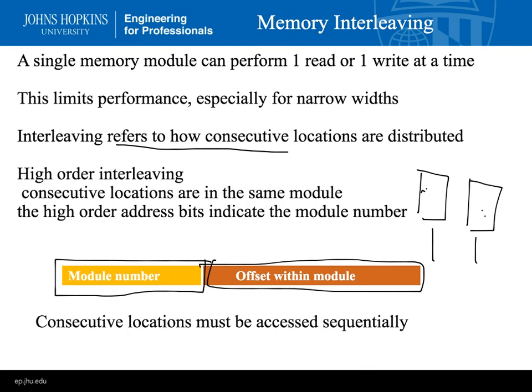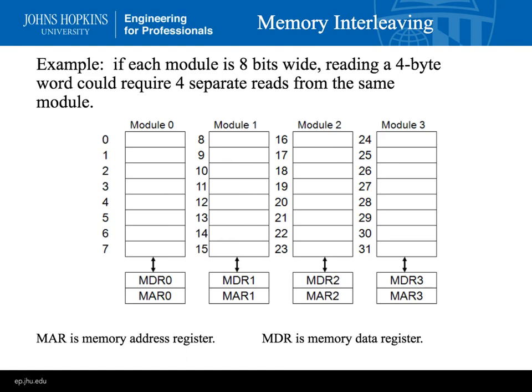And so if you have consecutive locations, they're going to be from the same module, so it has to be sequential. Here's an example where each module has 8 items in it, or 8 addresses. So address 0, 1, 2, and so on would be in module 1, and then the next 8 would be here. So that's high order interleaving.